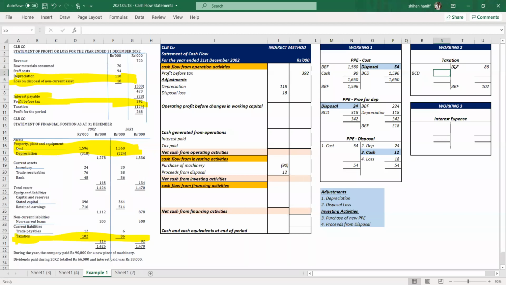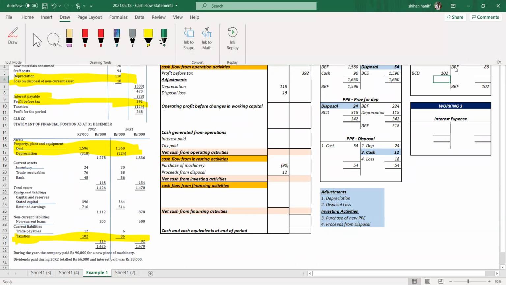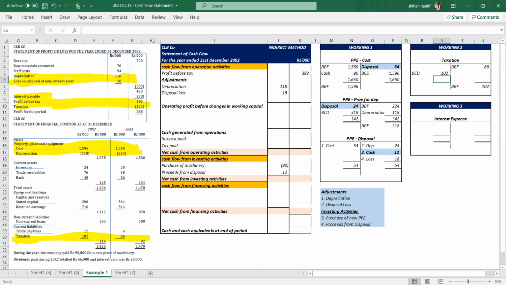So here we are using the techniques that we studied in incomplete records. Opening balance is 86, closing balance is 102. And tax expense is 124, the amount which is transferred to profit and loss.